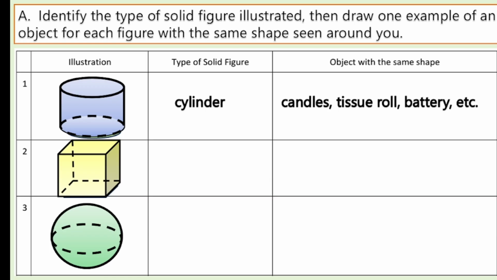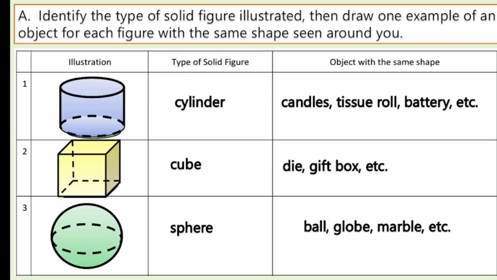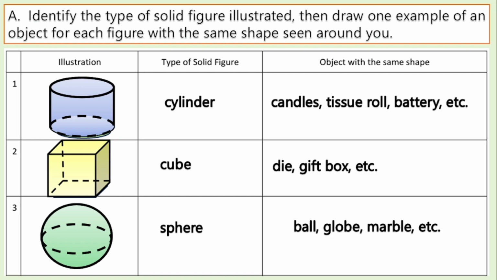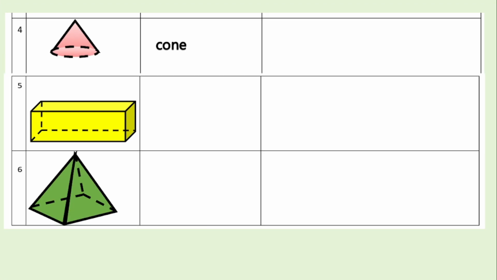Number 2. Cube. Die, gift box, etc. Number 3. Sphere. Bowl, globe, marble. Number 4. Cone.